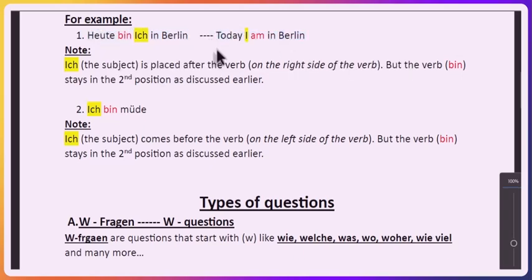This is a direct translation here. I will discuss how to read sentences in German without using AI, now with me translating it straight. But we are discussing the subject and the verb. If you look at this one, the verb is still in the second position. Today I am in Berlin.